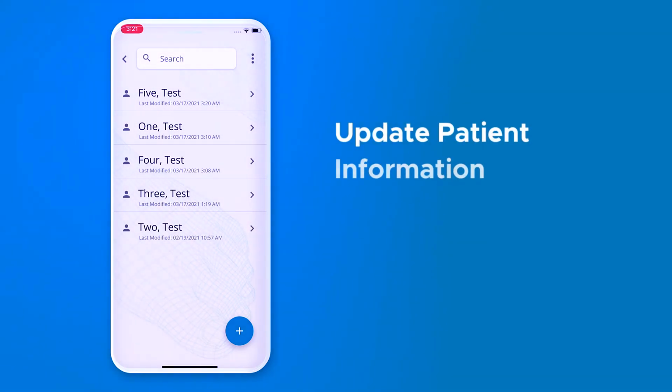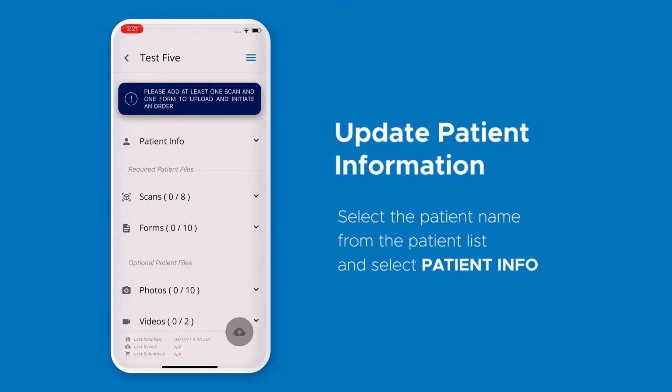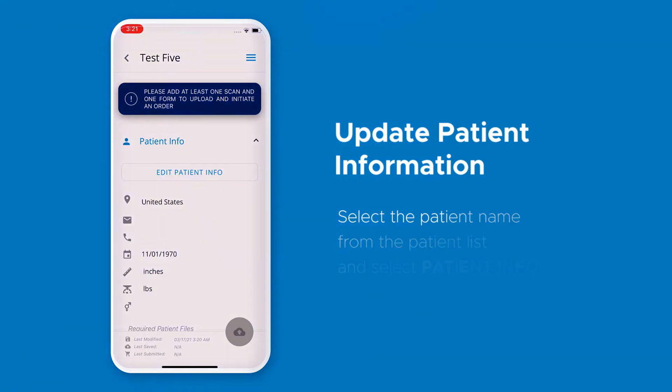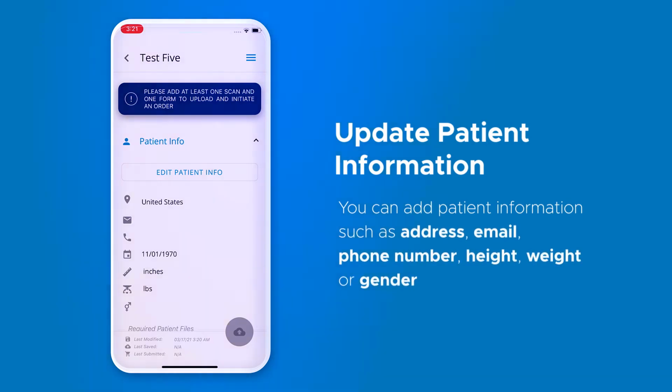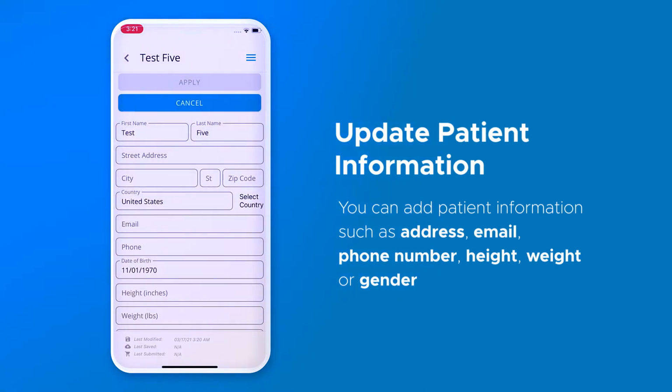To update a patient information file, select the patient name from the patient list and select Patient Info. You'll then be given the option to edit patient info, and you can add further patient information such as address, email, phone number, height, weight, or gender.